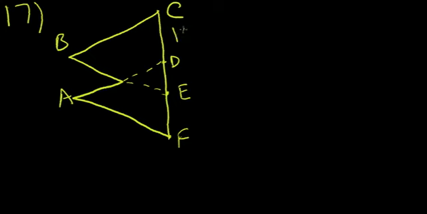So this is 10, this is 10, and this is 10. Since we see these dashed lines, line DE plus line CD is line CE, which is part of equilateral triangle BCE. So since 10 plus 10 is 20, this is also equal to 20. And the same thing with this triangle here, 10 plus 10 is equal to 20.